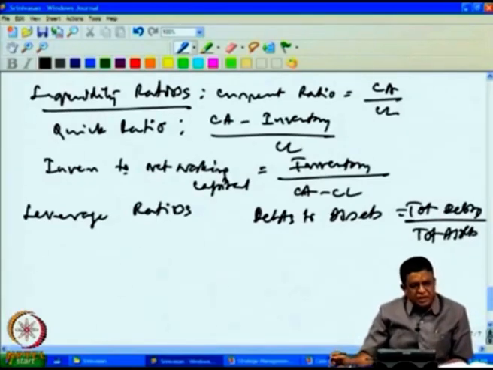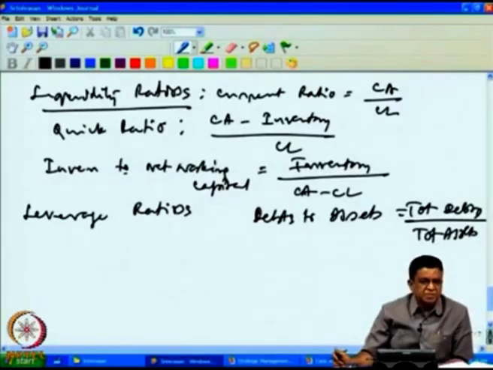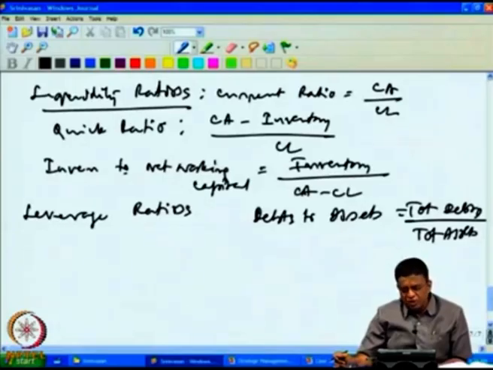So, what does it tell you? As I told you, it measures the extent to which the borrowed funds have been used to finance the firm's operations. How much of the debts which you took from the different companies, how much of it you have used up to create assets for the firm. Many times this is what we are seeing in the present day context.